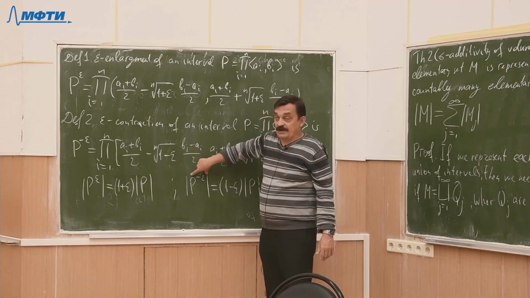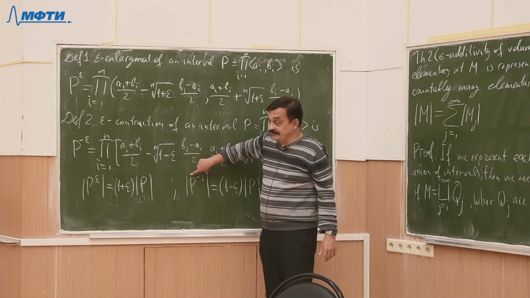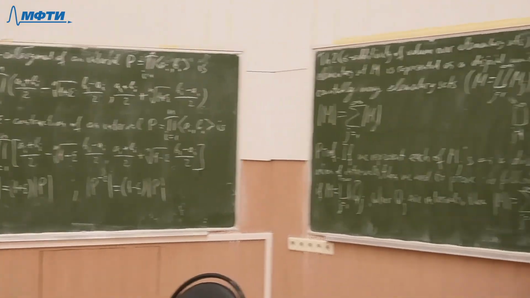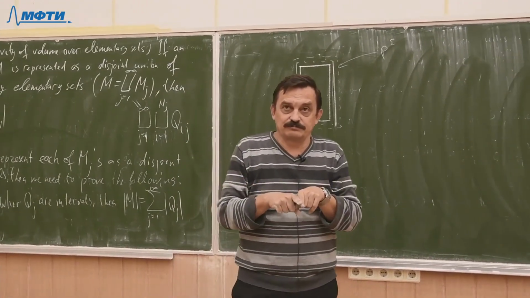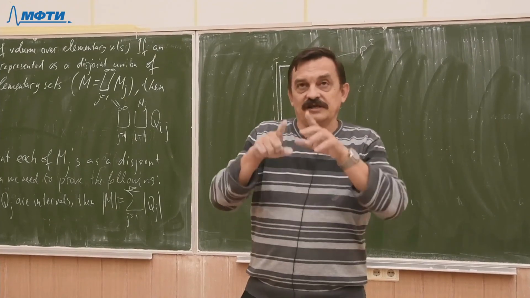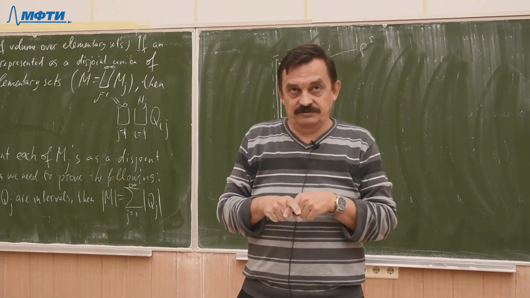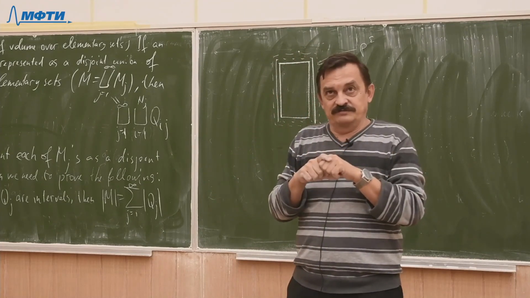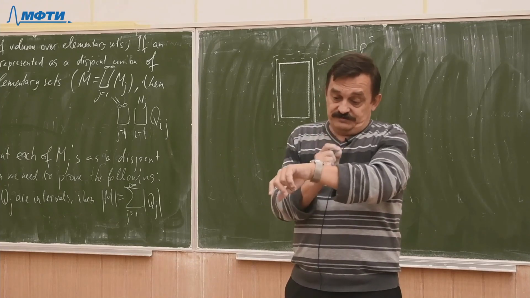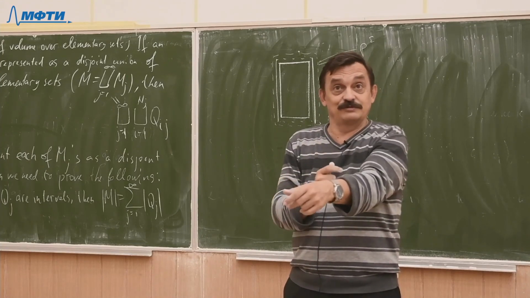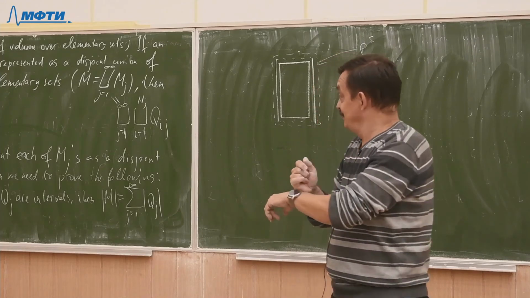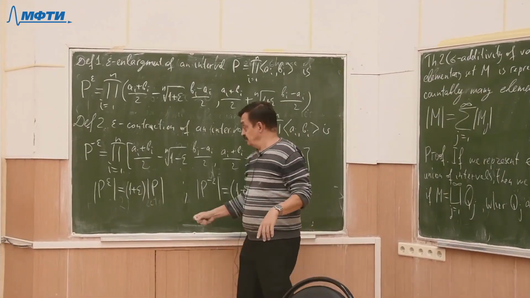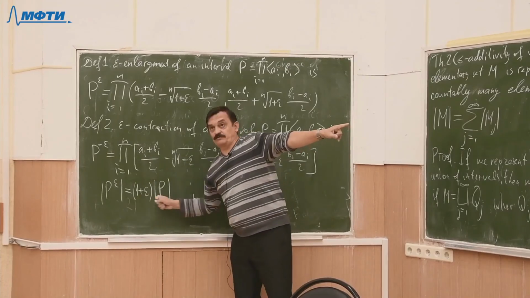For epsilon contraction, there is an analogous property, but the contraction is a closed set and contains the full boundary, while the enlargement does not contain the boundary. It's an open set. That's important; next time you will see why. Next time I will not recall the definitions. The only thing I'll need is this picture and that property. That's all.